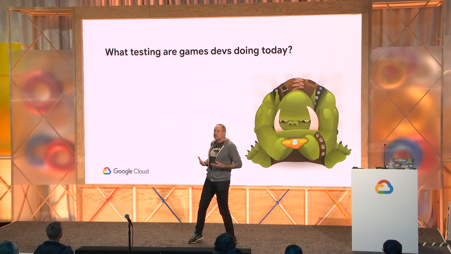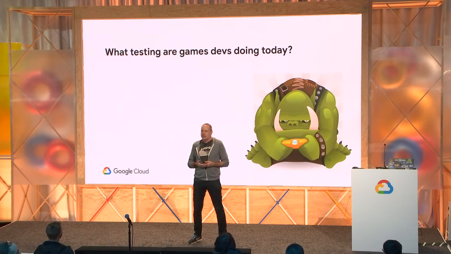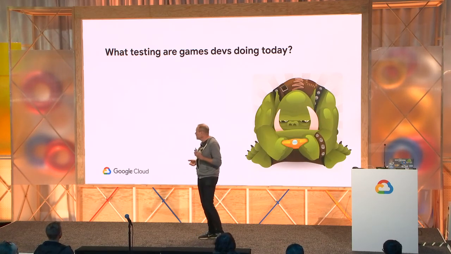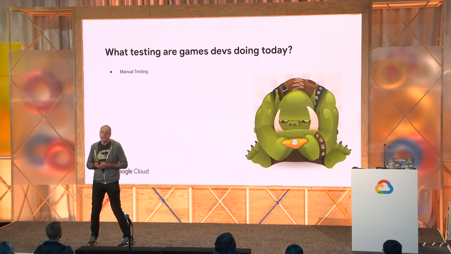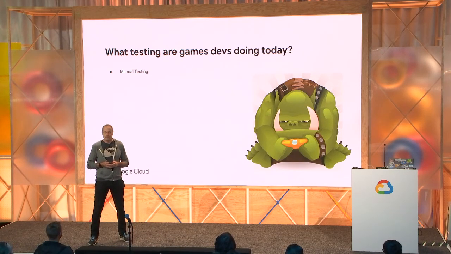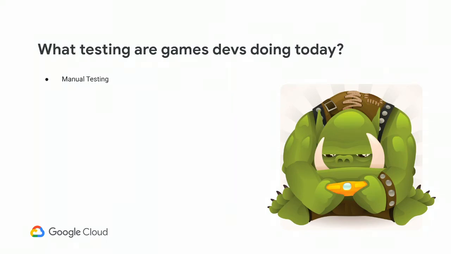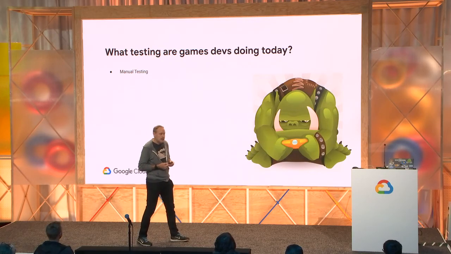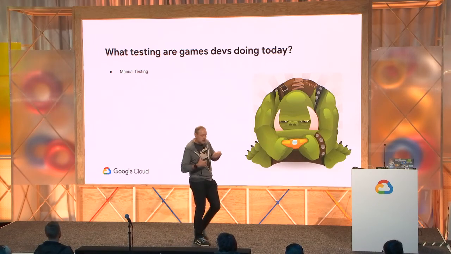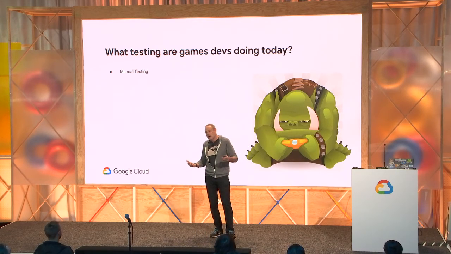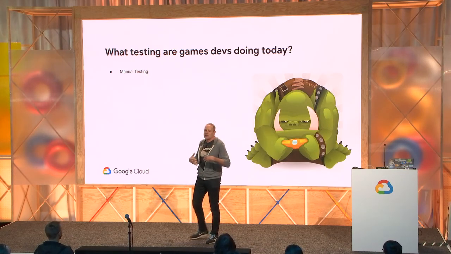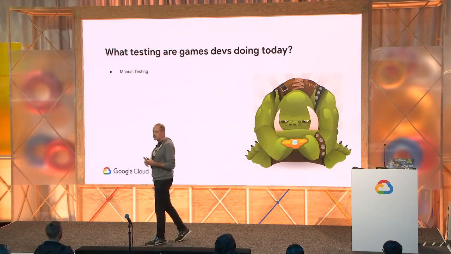So what are games companies doing today around testing? Well, I've talked with perhaps many of you and certainly a lot of games companies. And there's a whole lot of manual testing going on. That is manual testing before you release, and then releasing to a whole bunch of alpha or beta customers for a bit of free testing.